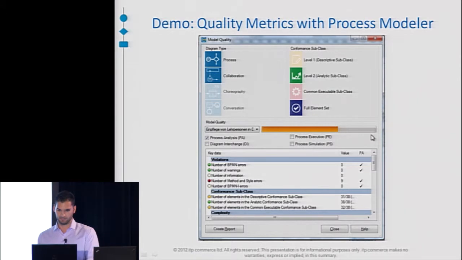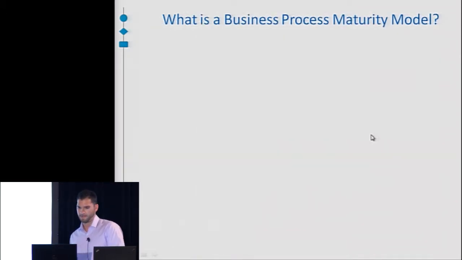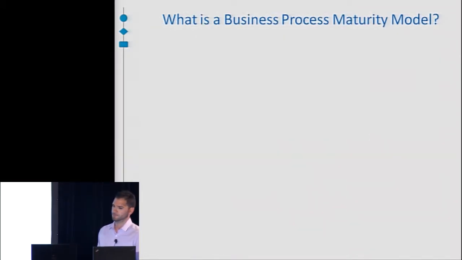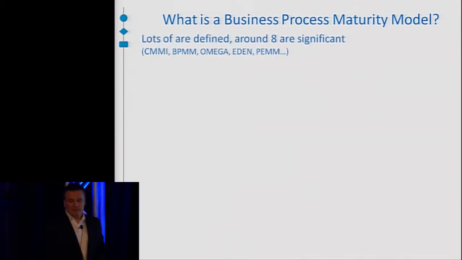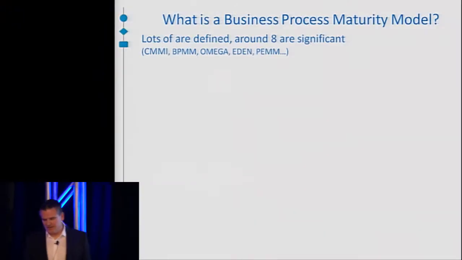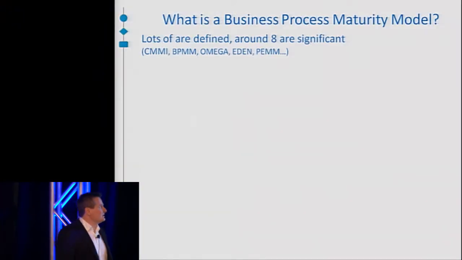Thanks, Antonio. So what's the next step behind this? It's a nice feature, it gives you some indicators, but one of the best targets for such values could be a maturity model. We heard yesterday about Paul's speech. Today we have, I would say, 8 significant maturity models.